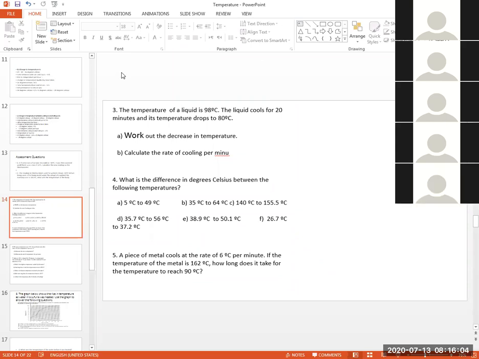A piece of metal cools at the rate of 6 degrees Celsius per minute. If the temperature of the metal is 162 degrees Celsius, how long does it take for the temperature to reach 90 degrees Celsius? Now I'm giving you 5 minutes to work out that question, everybody. Yeah? Copy the question and do it.